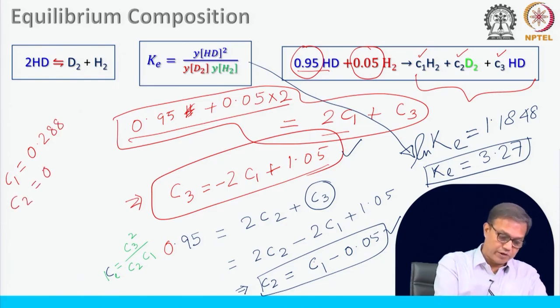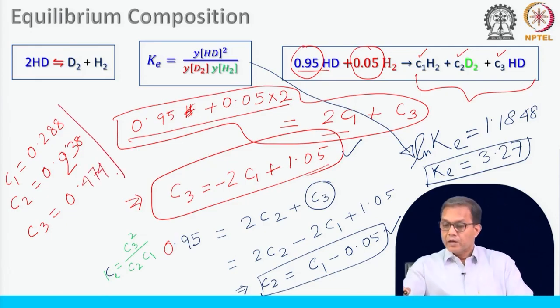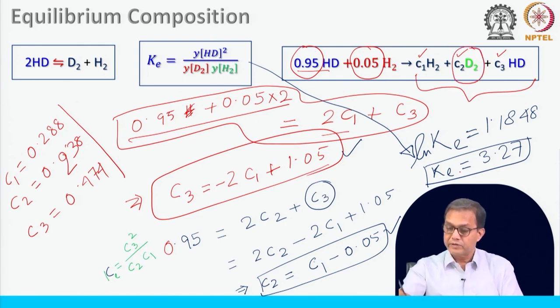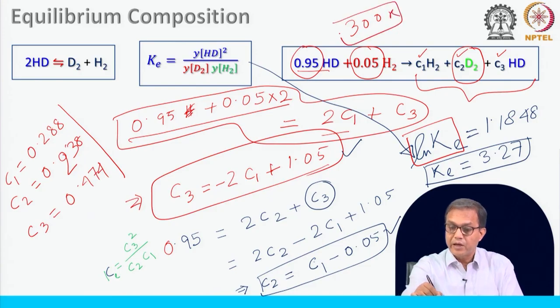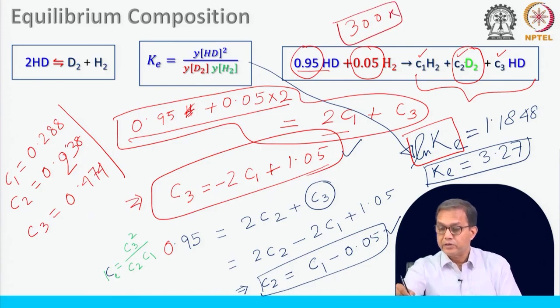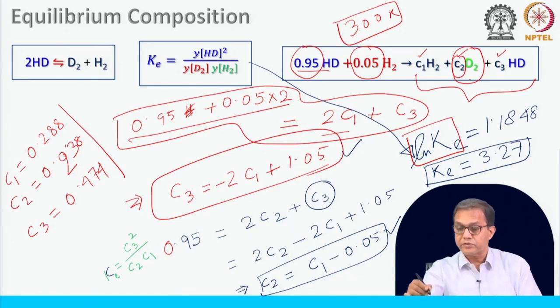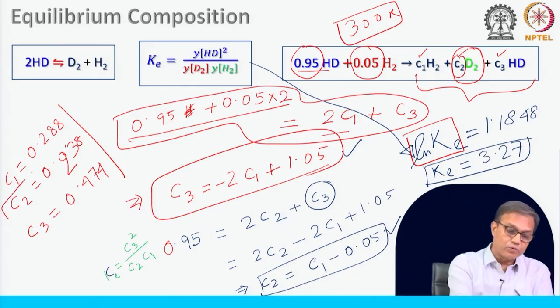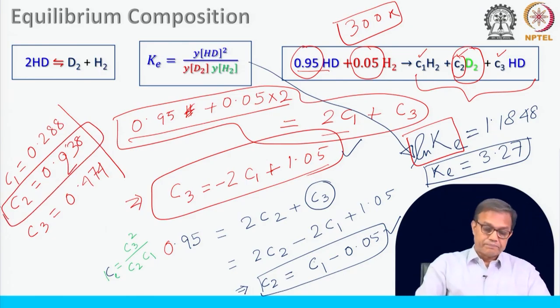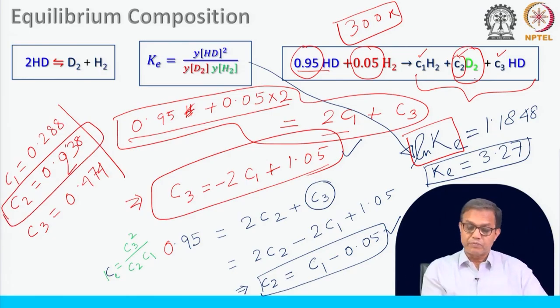C2 equals 0.238 and C3 equals 0.474. So, when this reaction is taking place with this equilibrium constant, which is temperature dependent, at 300 Kelvin, the concentration in the product stream of C2 is supposed to be 0.238. So, this is what is there in the product stream.